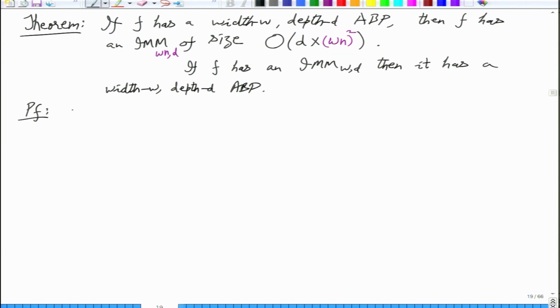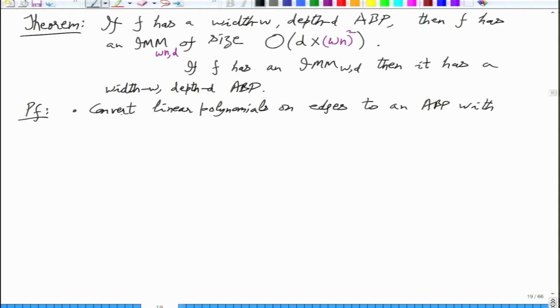So the first thing is just convert linear polynomials on edges to an ABP with only variables or constants.